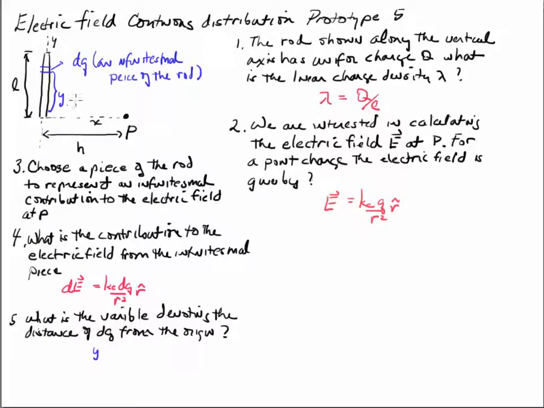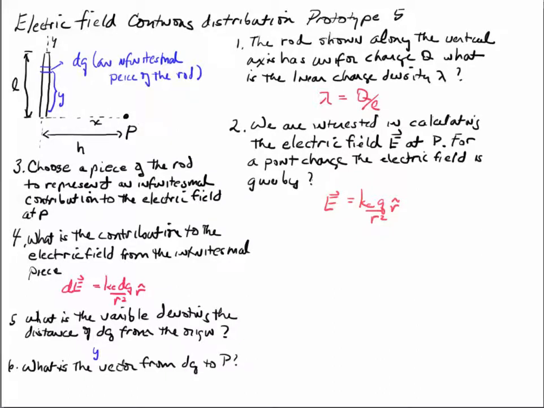Now, we can think of what we would need to sum to add each little contribution up to make up the total electric field at P. And as we sum up, we move along the y direction. So we can immediately assume that we're going to be integrating along the y-axis.